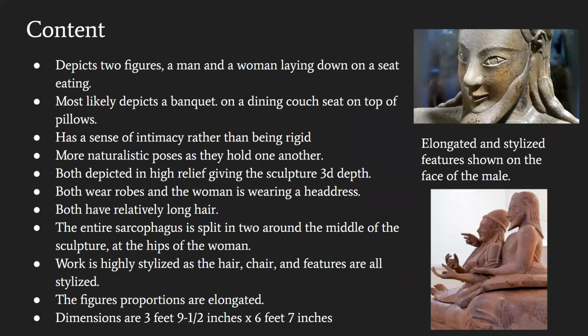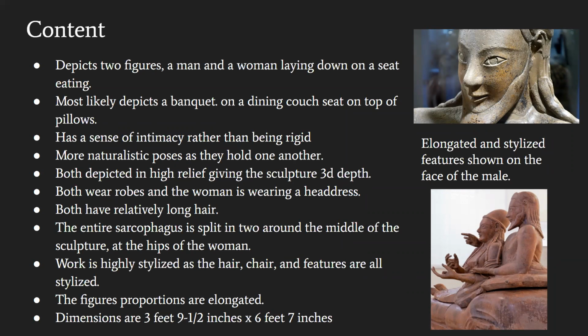The content of this artwork is two figures, a man and a woman, laying down on a couch, and it most likely depicts a banquet or dining. It had an intimacy that most artwork at the time did not have, and it was more naturalistic than other artworks during this time.